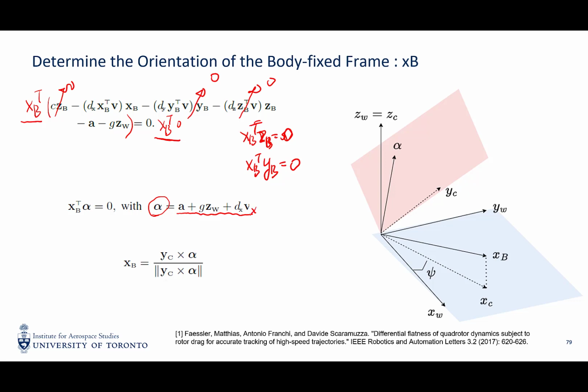So the resulting equation is xb transpose times alpha, where alpha is the remaining three terms here. It tells you that even though we do not know the direction of the body fixed frame, we know that the x-axis xb is perpendicular to alpha, which is determined by your desired acceleration, the gravity, and also the drag.